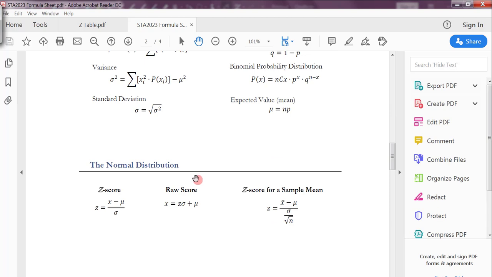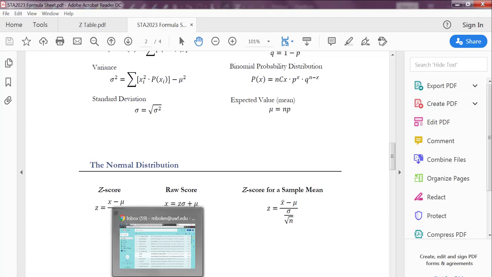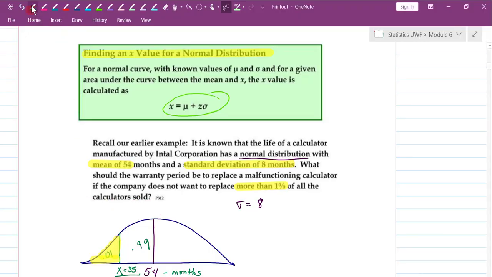It's called the raw score. You can remember that it's there and use it. However, if you don't have that handy, most of my students will always have our z formula memorized, which is z equals x minus mu divided by sigma. All we did is solve for x. We multiply both sides by sigma, which gives sigma z equals x minus mu.